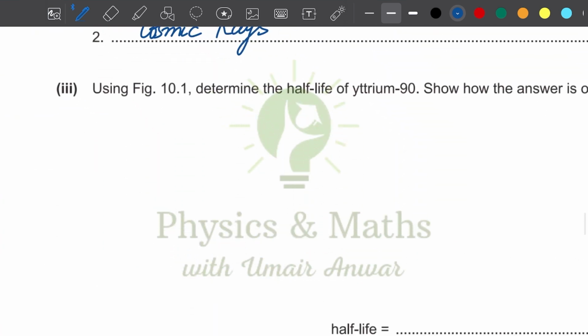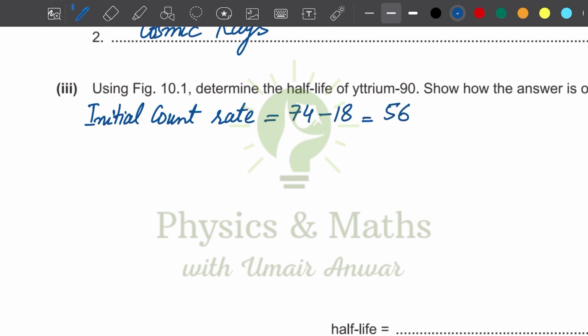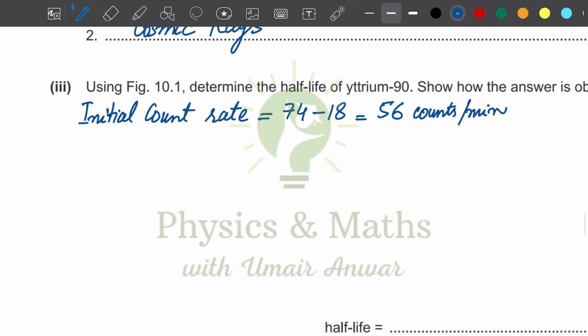So I'm writing here first the initial count rate would be equal to, when we subtract the average background radiation, it is 56 counts per minute. Now the next thing is we know that after one half-life, the count rate is going to decrease by half.